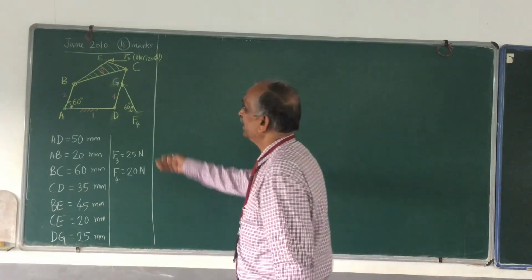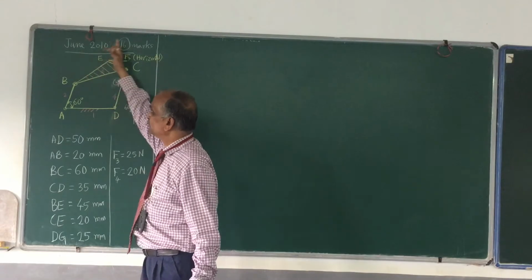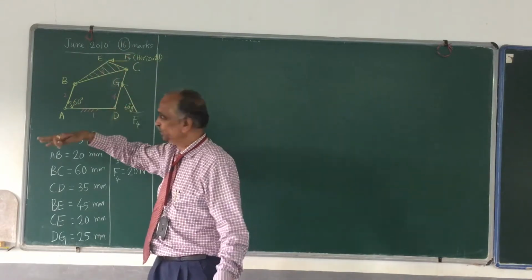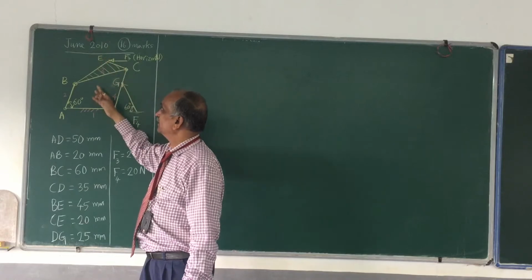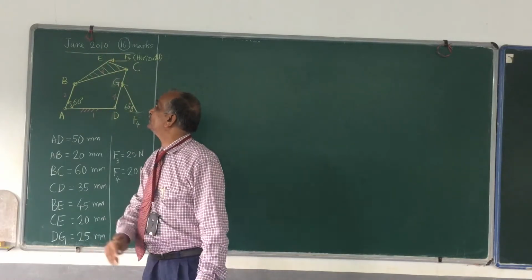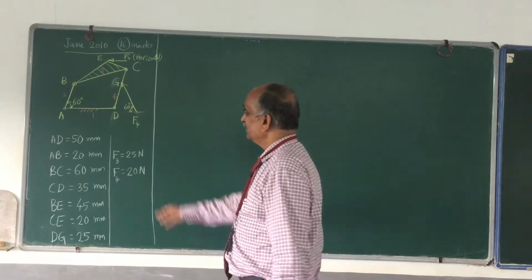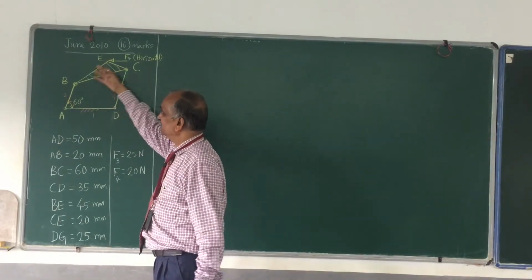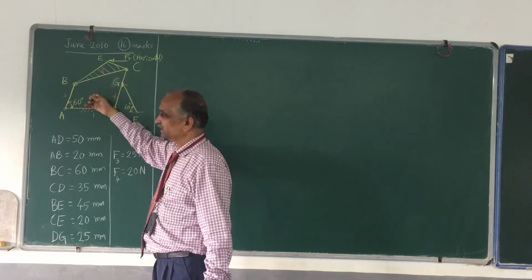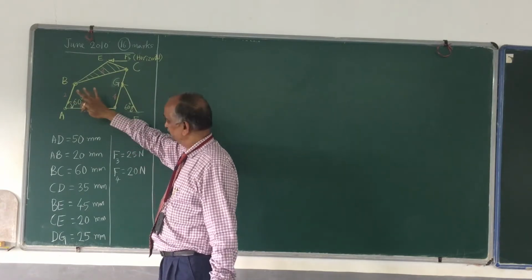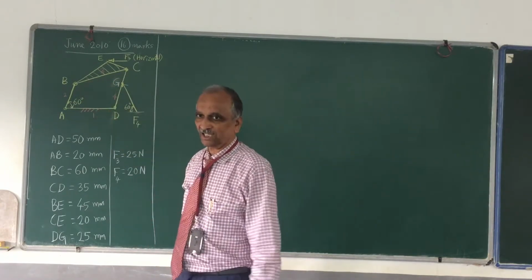Okay, so I have another question which you already have with you, which appeared in June 2010, and this is for 16 marks. It's a 4-bar mechanism as you clearly see. Of course, this diagram I have drawn is not really to scale.